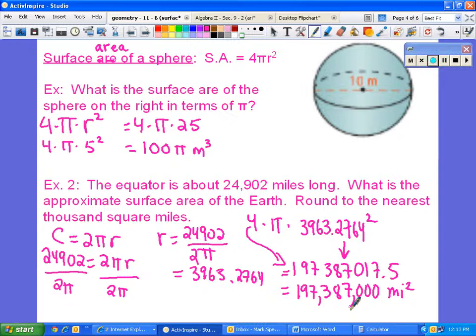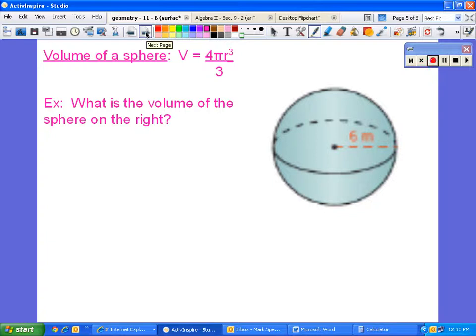Okay, does anybody have any questions about surface area? Okay, let's go on and talk about volume. Since volume is three-dimensional, you notice it's the same formula, 4 pi r, but instead of being squared, because we're dealing with 3 dimensions, it's cubed.